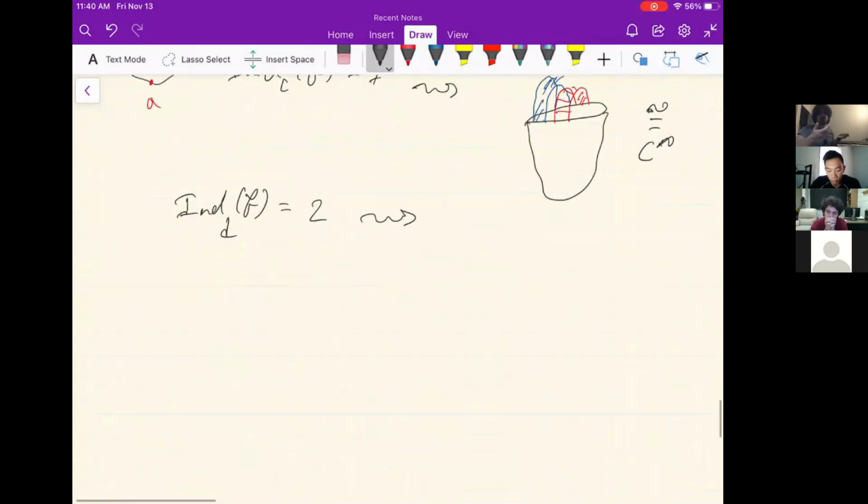So basically, from a smooth function, one can get a CW structure on M, and hence you can recover cellular homology easily.